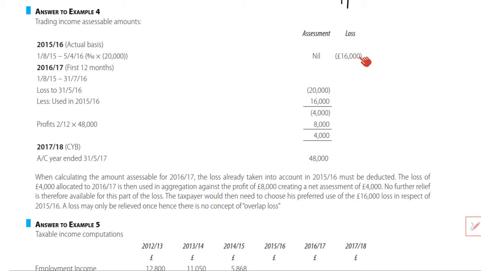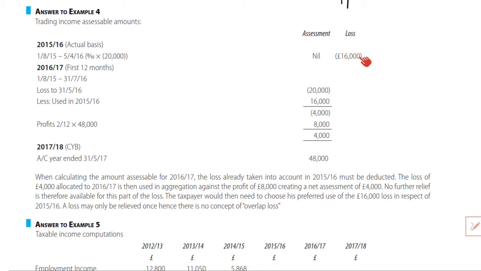Other than that, if you have made either the current or preceding year claim, and there was still loss left over, and you had capital gains, you could make, if you wanted, the extension claim against those gains. But what we're then going to see, as we made mention of in our introduction to loss reliefs available to the unincorporated trader, is that there's a specialist opening year's relief.